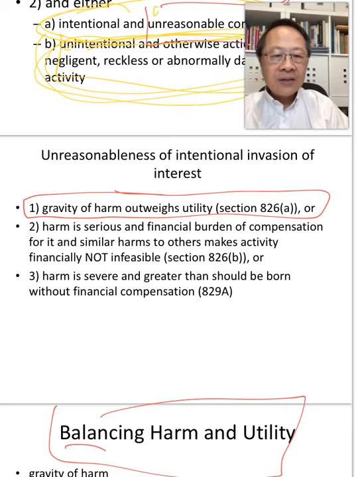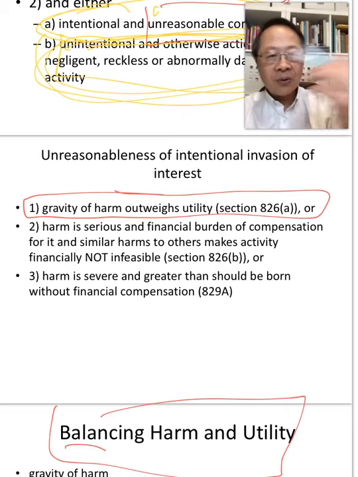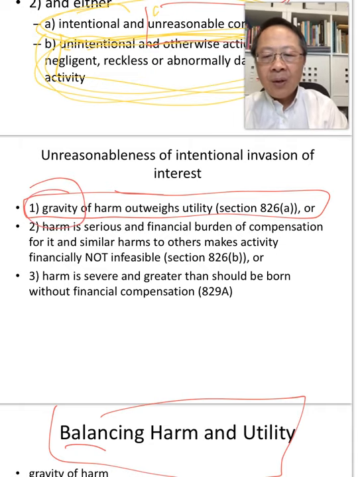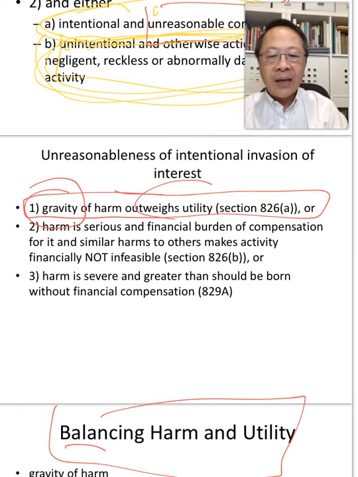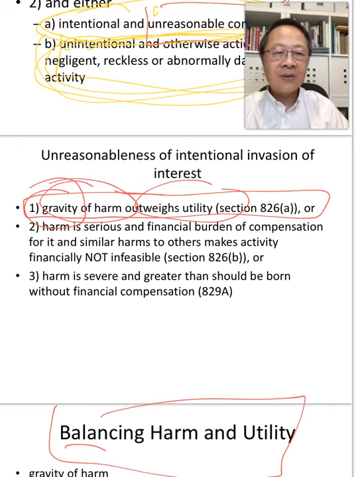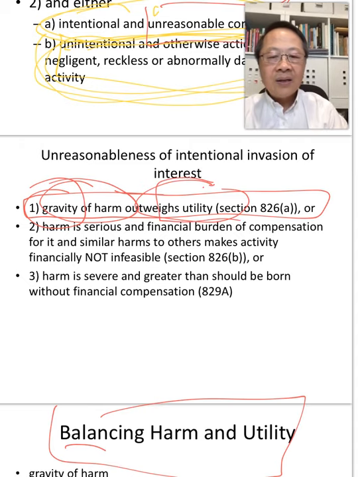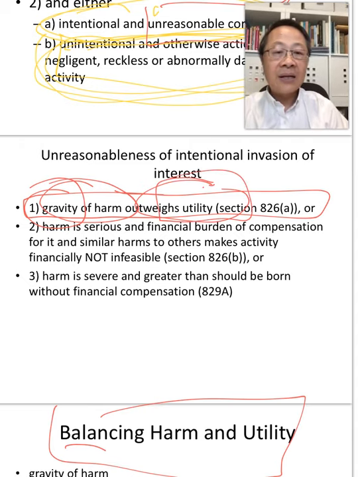It becomes unreasonable, the interference with the neighbor's or the property owner's use and enjoyment of their property becomes unreasonable when the gravity of the harm of that interference, the harm that is done to the property owner, the person who claims the nuisance, outweighs the utility of the activity that causes the nuisance to the person who engages in the activity that causes the nuisance.